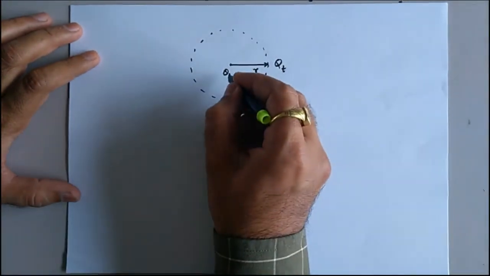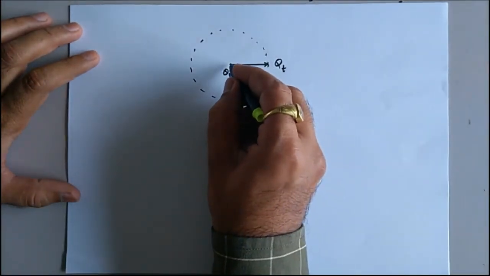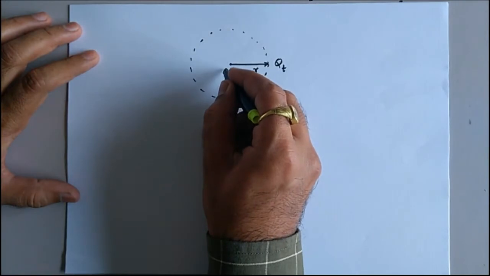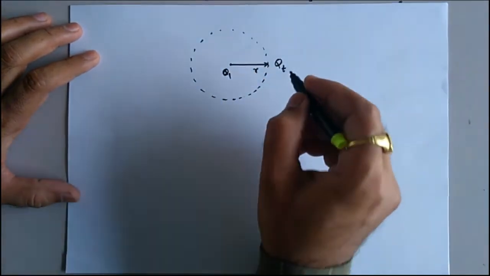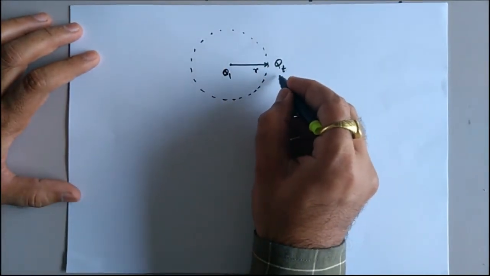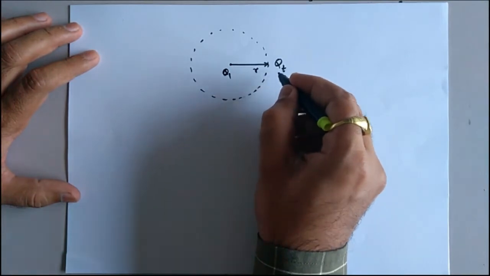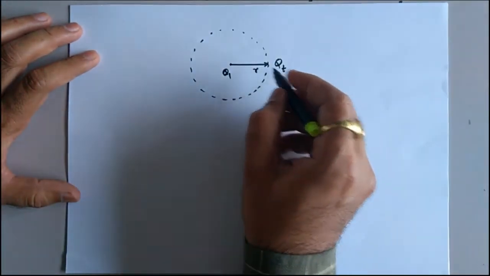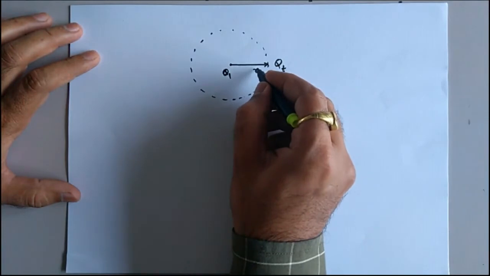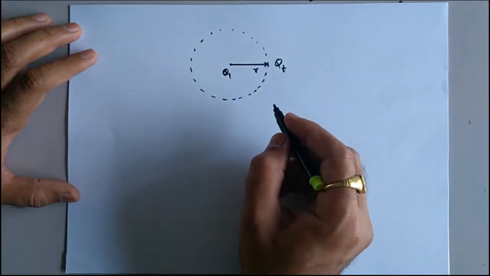So what we have done is, at the center of that sphere we have placed one charge, q1, and another charge, our test charge, is placed on the periphery of that sphere, whose radius is indicated by the symbol r.